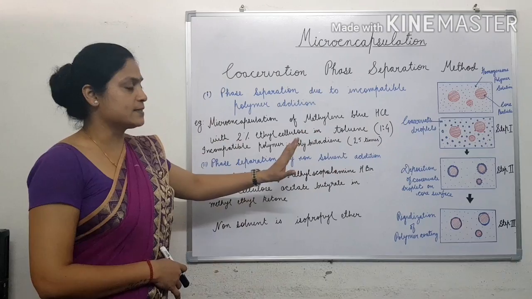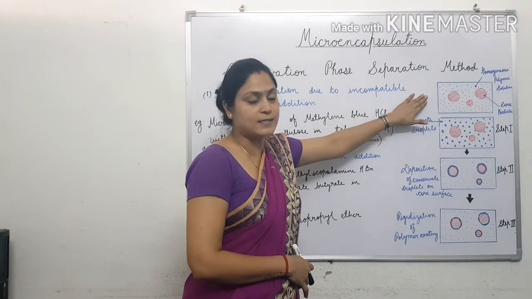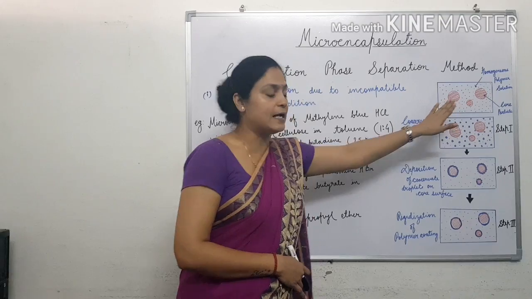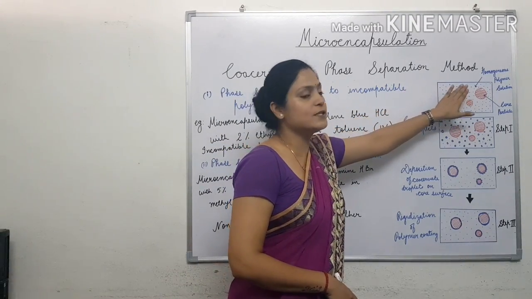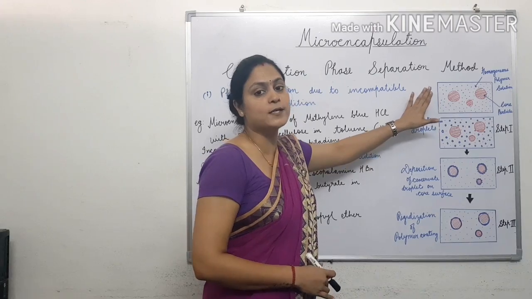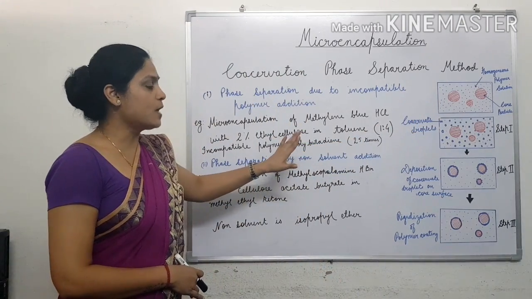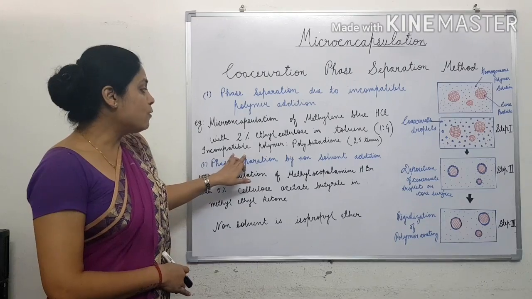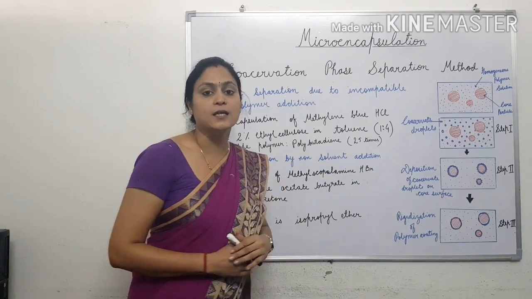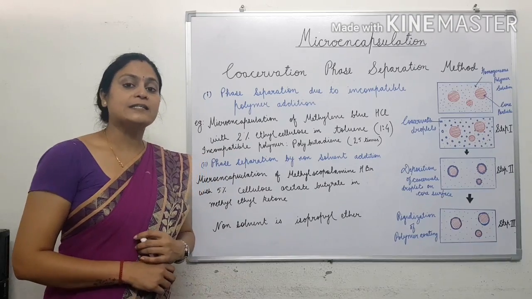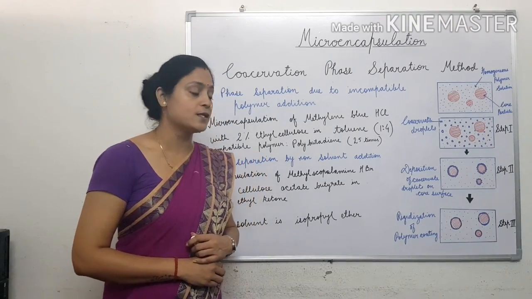Initially the system has two phases: one is the core material, methylene blue hydrochloride, and the other is the homogeneous polymer solution, 2% ethyl cellulose in toluene. Then an incompatible polymer, polybutadiene, is added. Polybutadiene is a polymer which is incompatible with ethyl cellulose.